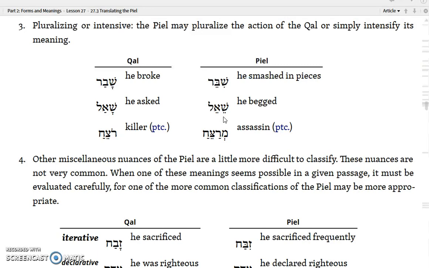He asked repeatedly. The noun form rotseach is one who kills, a participle. But the participial form in the Piel is meratseach, and it would mean not just someone who kills, but one who kills repeatedly, an assassin.